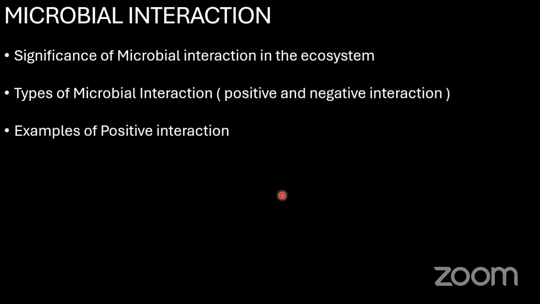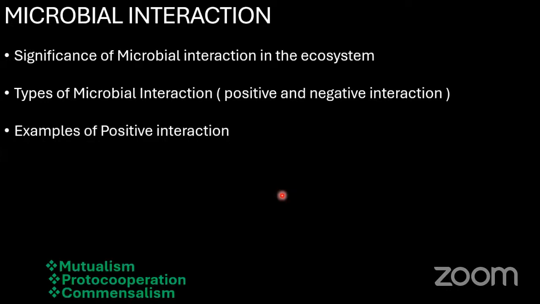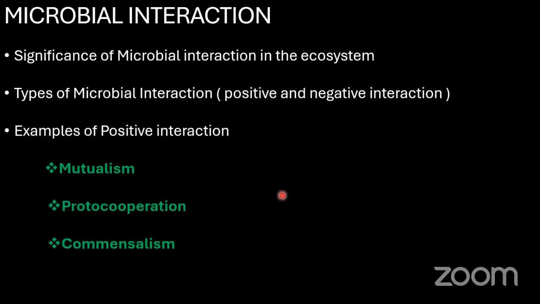It is a good interaction. Usually, this type of interaction is one that promotes life in the ecosystem. Examples are mutualism, proto-cooperation, and commensalism.